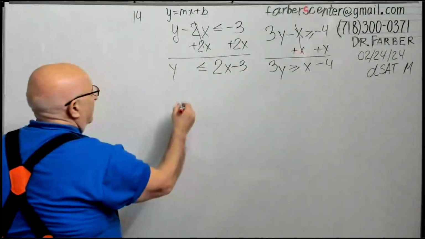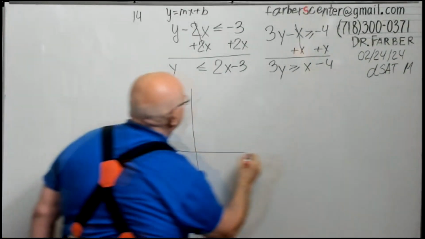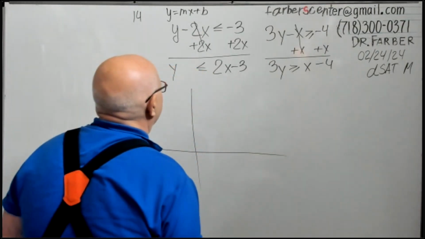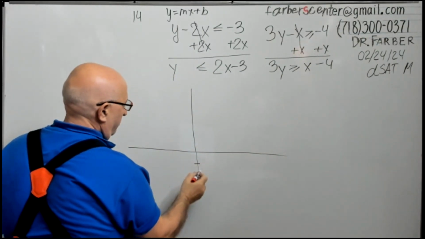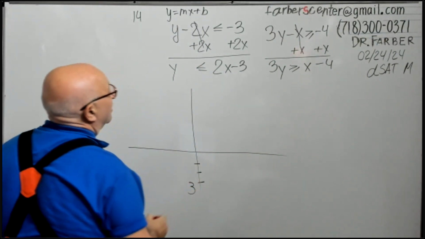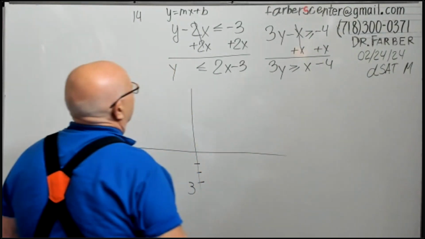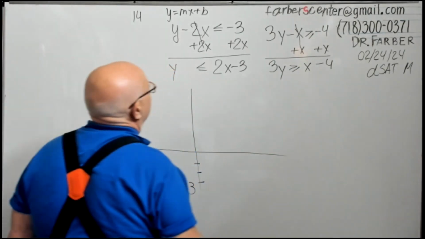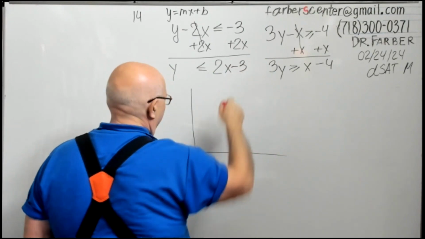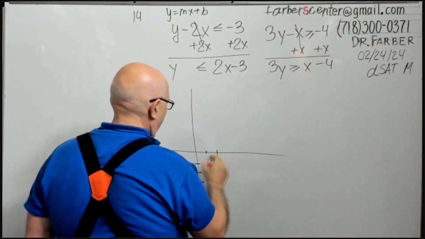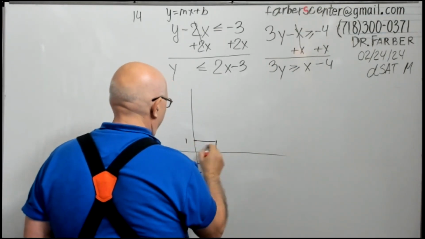But then you have Cartesian coordinates. So this is the y-intercept equals negative 3. Okay. When x equals, let's say 2, 2 minus 3 is negative 1. So this point is (2, negative 1).